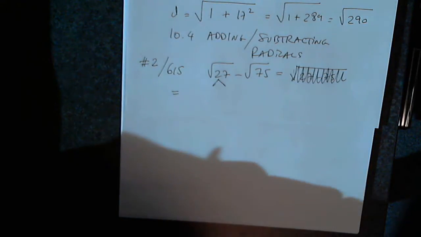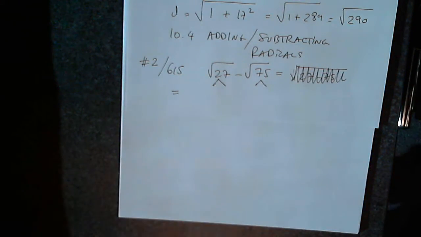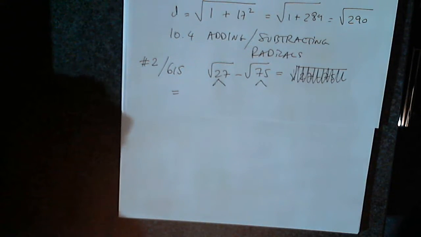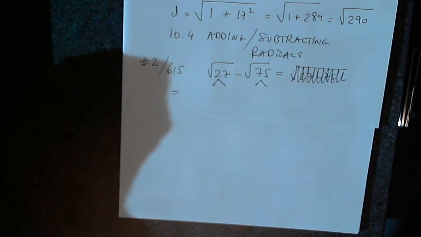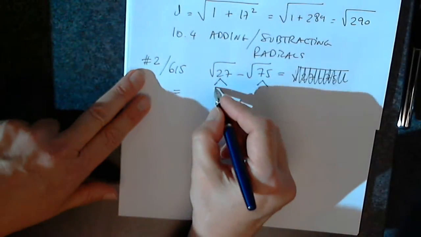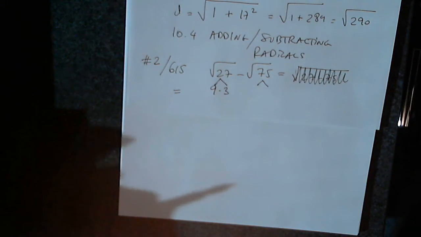I know the square root of 75 is not an integer, but I can split it to simplify it too. This is useful for your future in math. So the square root of 27 is this times this. Very good. So I'm going to write 9 times 3. And 75 is this times this, and one of them is a perfect square, the other one is not.